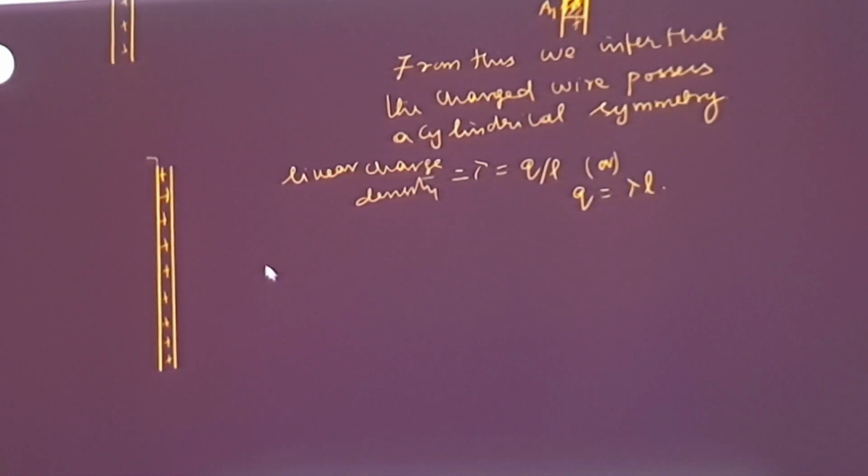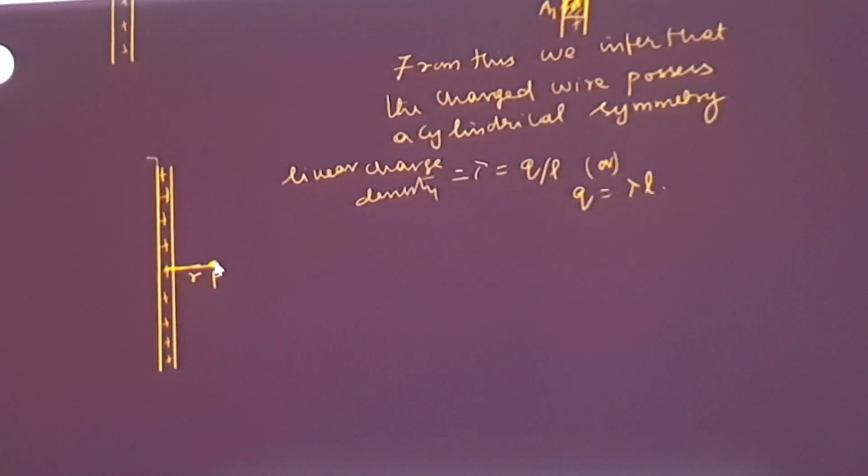Now, what am I going to do? My task is to get the electrical field at the point P at a distance R from the conductor. Around this conductor, in order to apply the Gauss law, I have to apply a cylindrical symmetry.